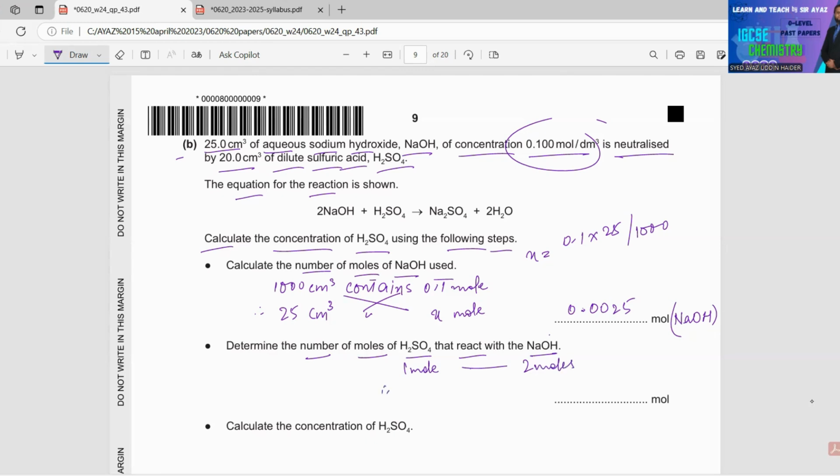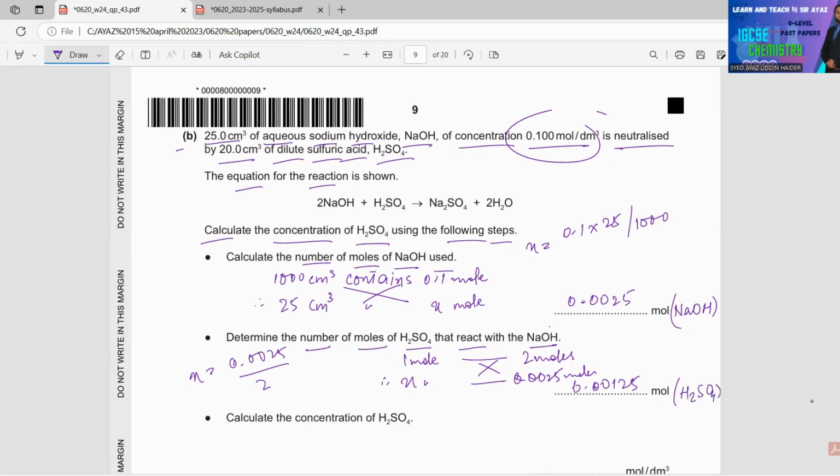Therefore, X mole reacts with 0.0025 moles of NaOH. Do the cross, the equation becomes like this: X equals 0.0025 divided by 2. And the answer will be 0.00125 moles of H2SO4.